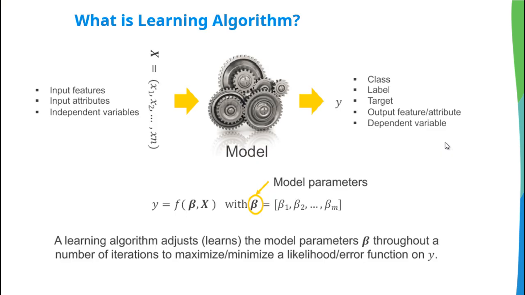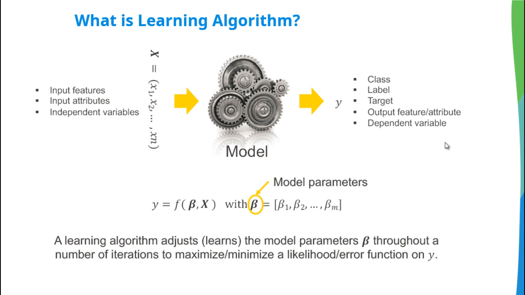All right, so we have what are called learning algorithms, which means that the concept is that you have features or attributes, or we otherwise call them independent variables. Okay, and we pass them into the machine, or we call it a model, and after several iterations, the model tries to build the system and produce an output.